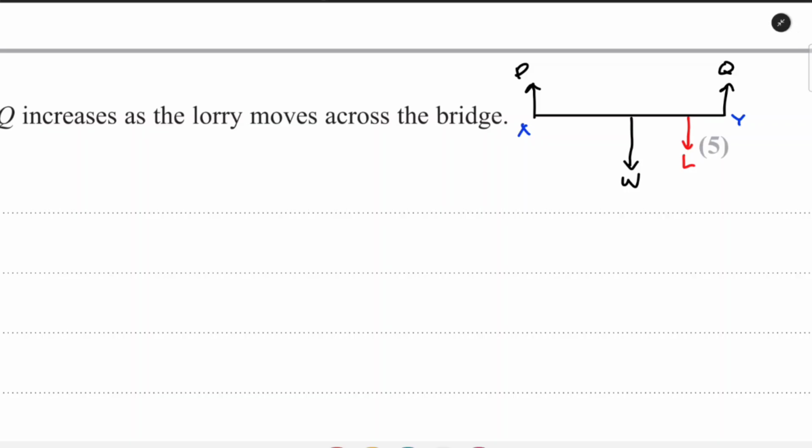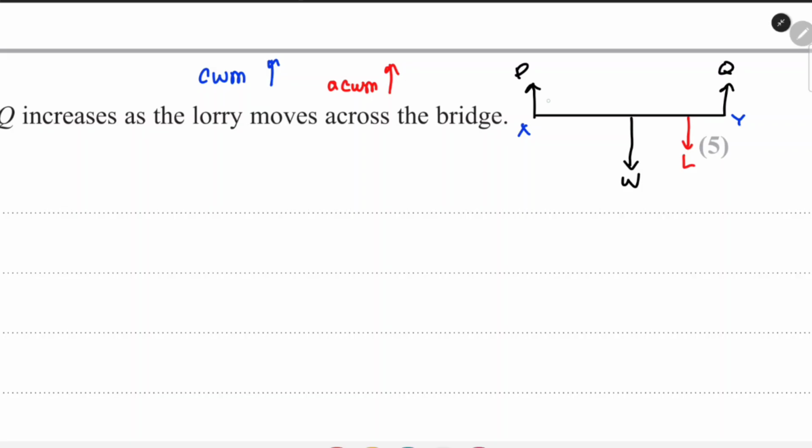The anti-clockwise moment must also increase then. And there is only one force that's giving me an anti-clockwise moment, and it has a fixed distance. My clockwise moment is increasing because the lorry has the same weight, but now the distance is greater. So my anti-clockwise moment must also increase to balance it.